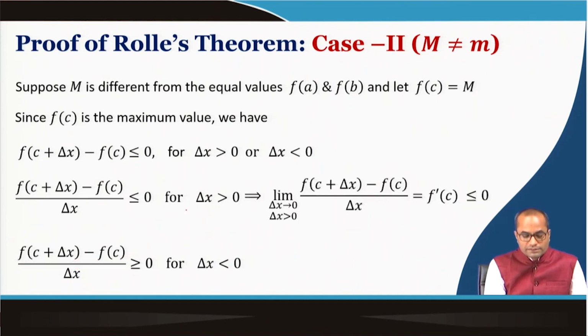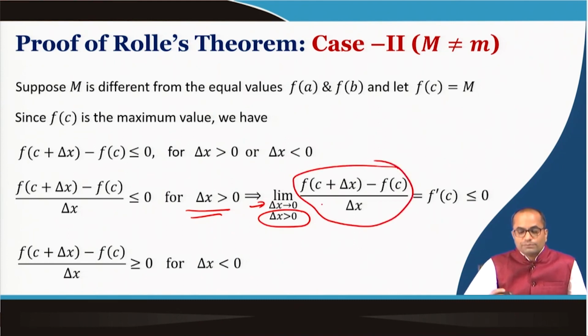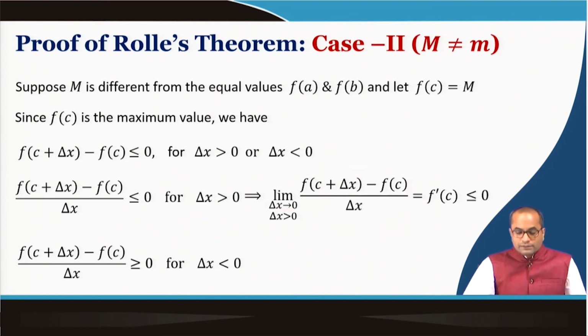So, if we go to the first case when Δx is positive and we let Δx approach 0, in that case this quotient, (f(c + Δx) − f(c))/Δx, will become the derivative of the function, because the function is differentiable. That is the assumption of the theorem.